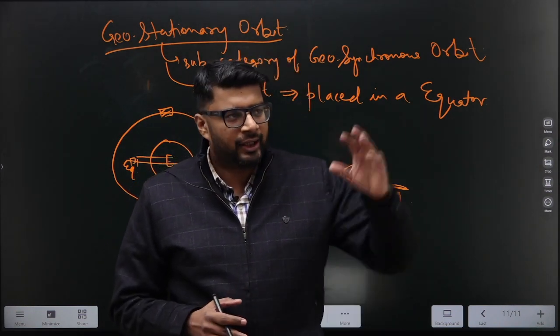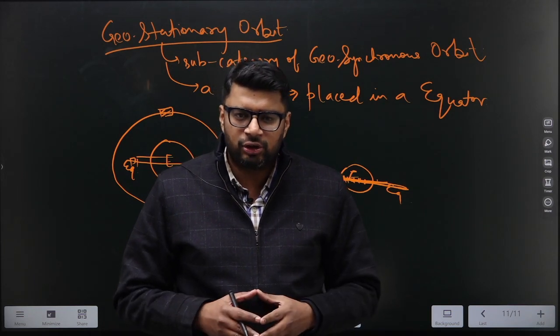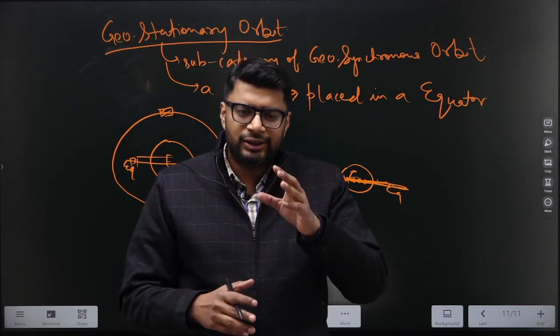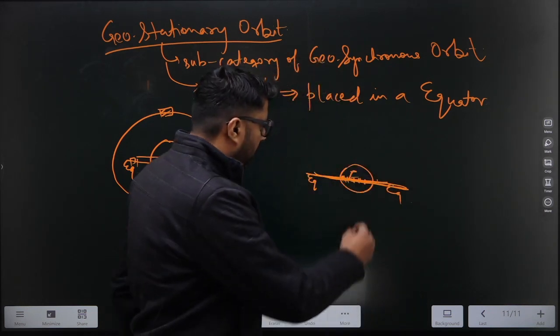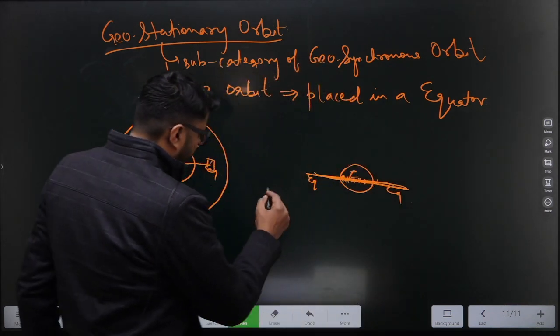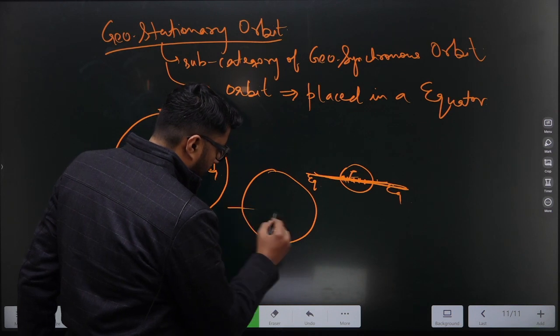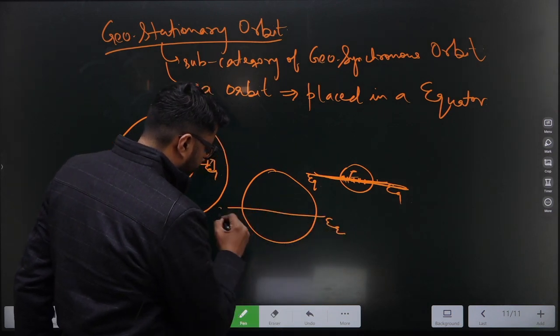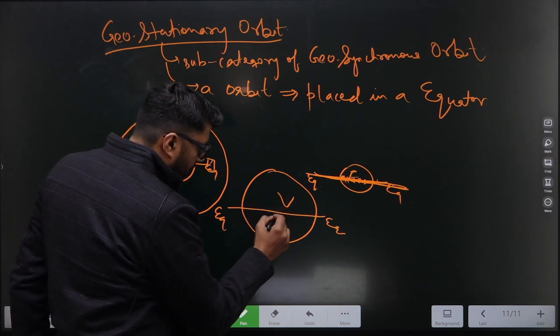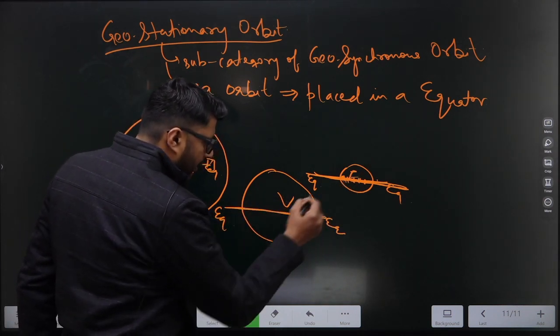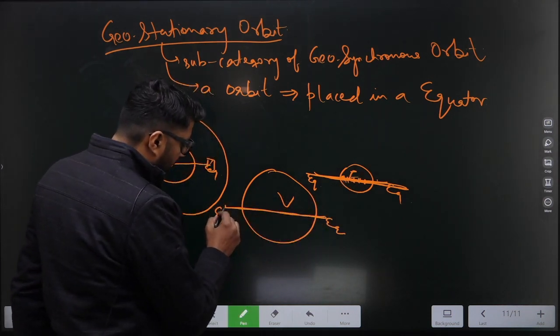If we see the antenna of our dish TV, they put it in the southward direction. Why the southward direction? Because this is Earth, this is the equator, and this is India. So the geostationary satellites are placed here on the equator.